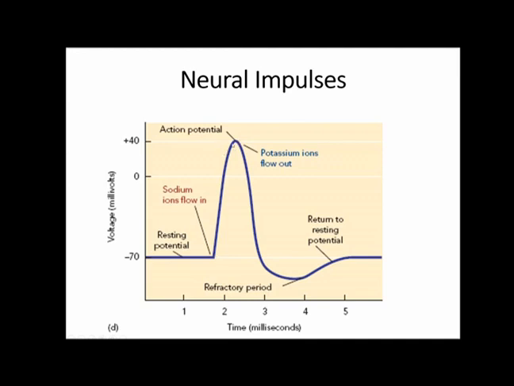This is the wave of firing. And the absolute top, so the maximum positive charge that our cell hits is going to be about positive 40 millivolts. And so once we've hit that point, the cell reverses that process.